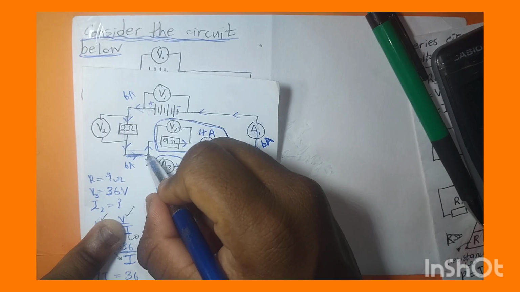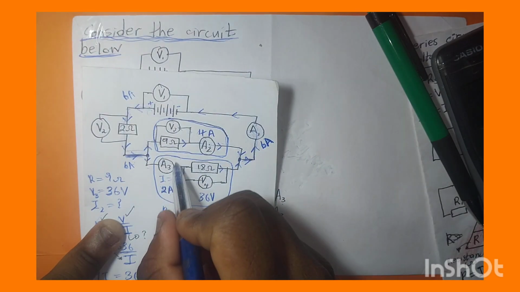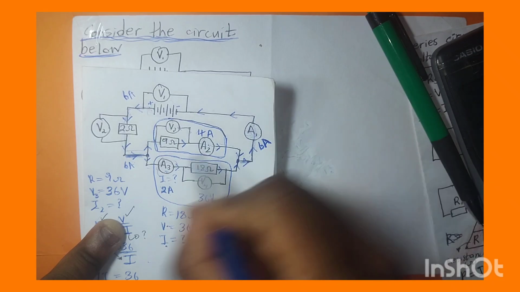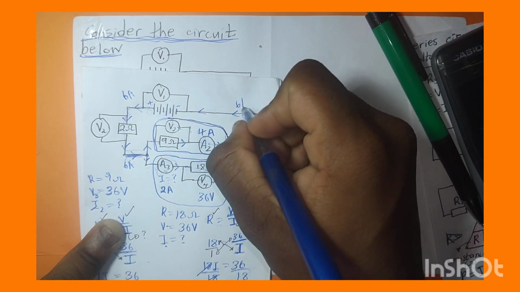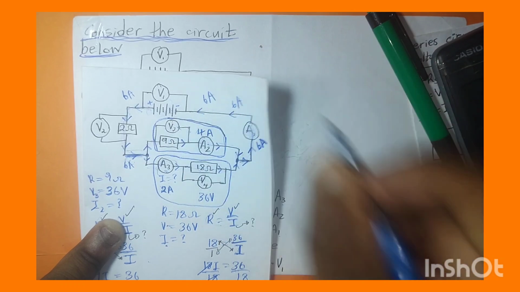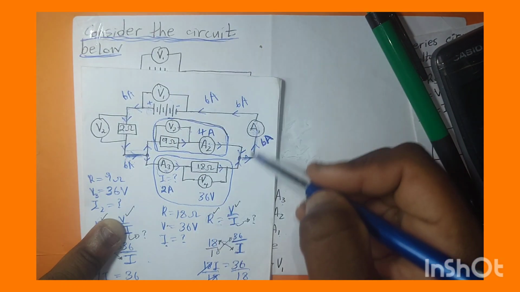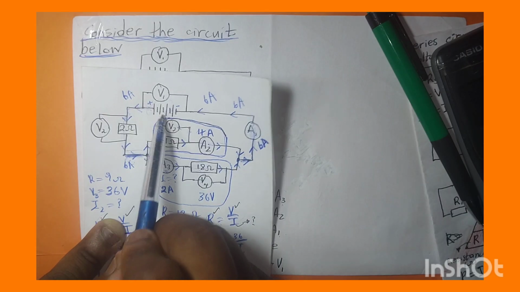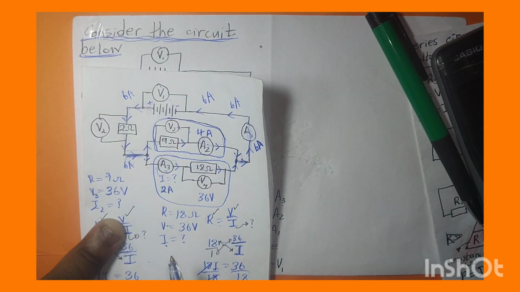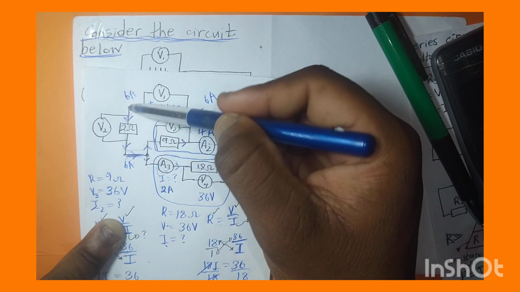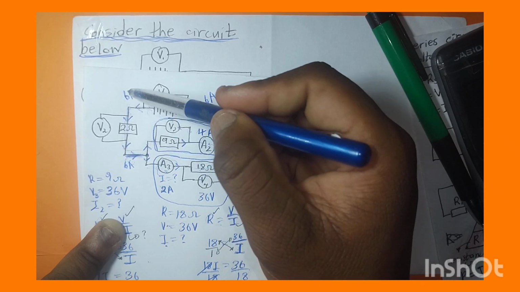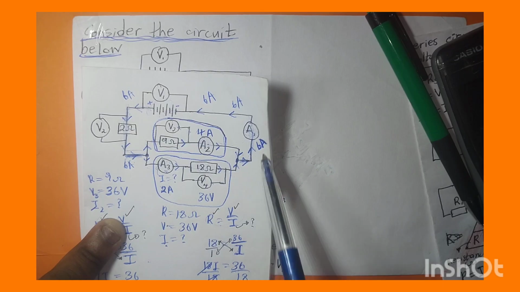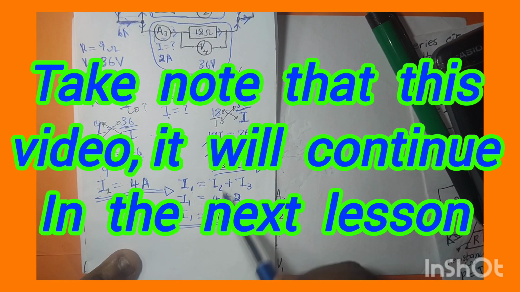Then when it reaches here, it will divide, forming 4 on this side and 2 here. But when it comes here, it combines, forming that same current, which is still 6 amperes. So this current, you can also call it the total current, by the way, because it is delivered by the battery. So it means now we know the current which is flowing through here is 6 amperes, the current that is delivered by the battery. So that's how you will get that current.